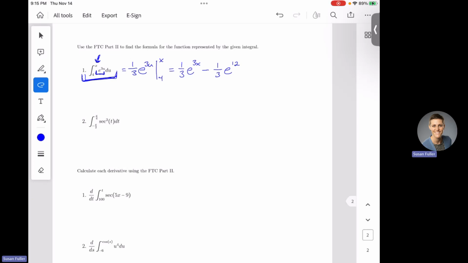And nothing really here combines. If I wanted to, I could factor that 1/3 out, but nothing will really combine. So I'm just going to leave it as is. This is my area function.